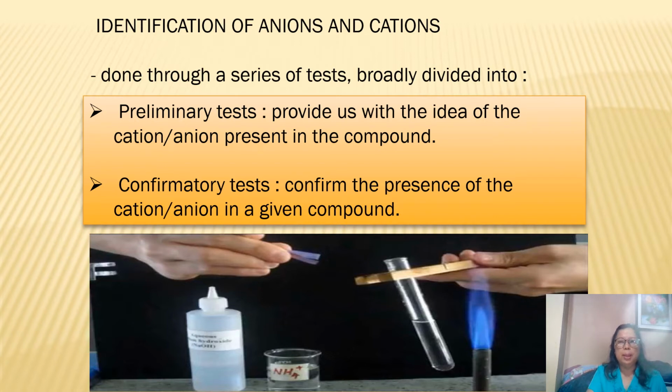The preliminary test is usually done in order to determine the presence of the substance or not, or if the group, as per the periodic table or in reference to the grouping in the periodic table, the preliminary test could be taken as a group test for the presence of such element. And then the confirmatory test is more of an individual test for the presence of a cation or an anion.